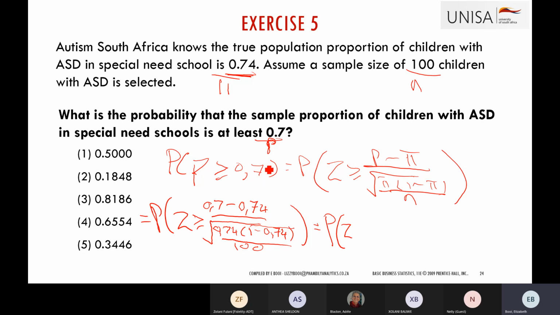We get Z greater than minus 0.04 divided by 0.0439. Do you also get the same?